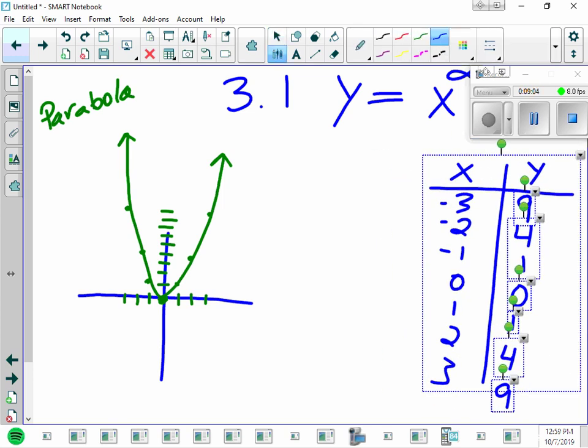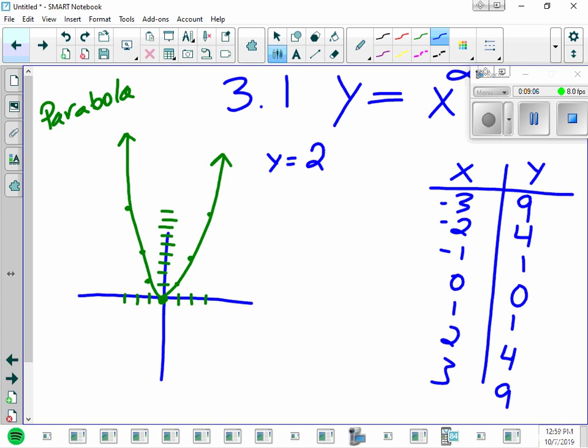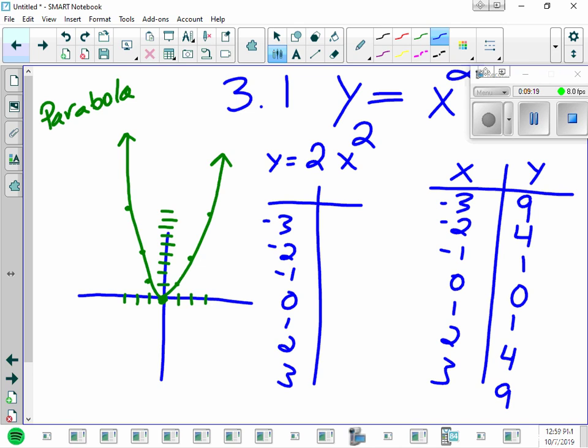What if I had y equals 2x squared? That means I'm going to do the same list that I did over here. -3, -2, -1, 0, 1, 2, and 3. But now, after I do the squared, I'm going to double the graph.